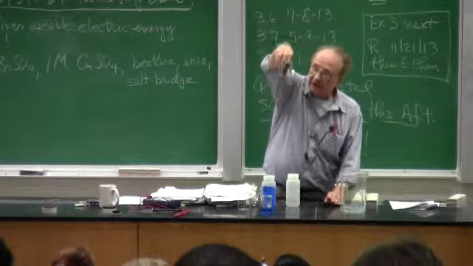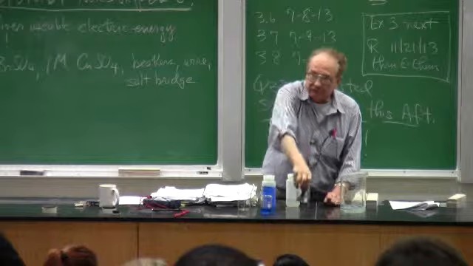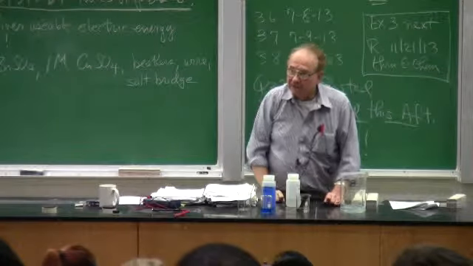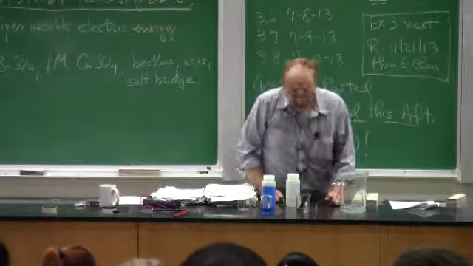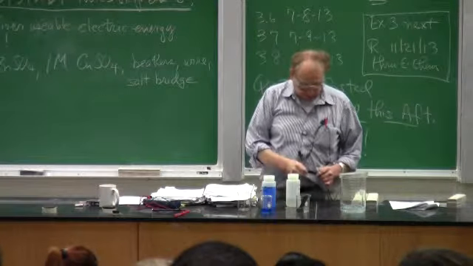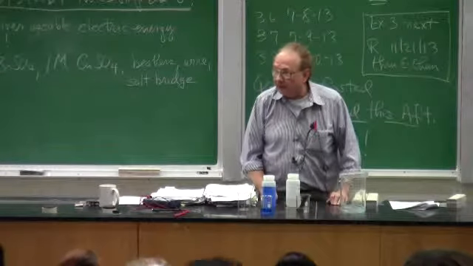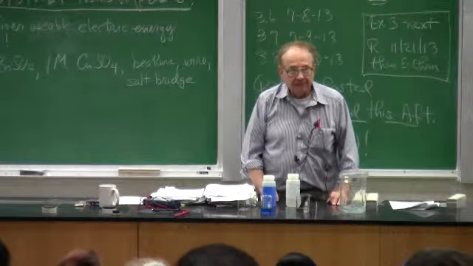If we let this stand here for a year and a day, or eternity, you're not going to see any blue color develop here, because zinc ion is not capable of oxidizing copper. Well, then it must be true, because zinc and copper can't have the same ability to function as reducers.